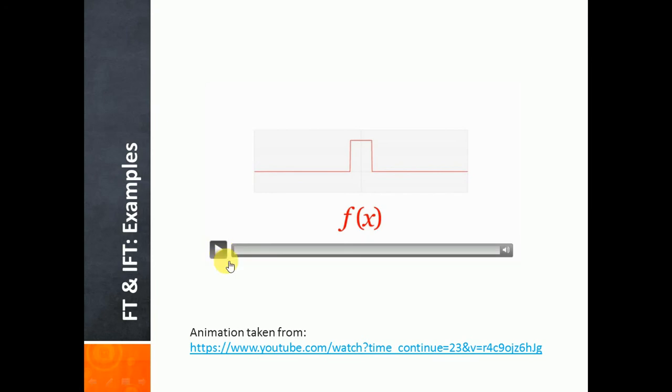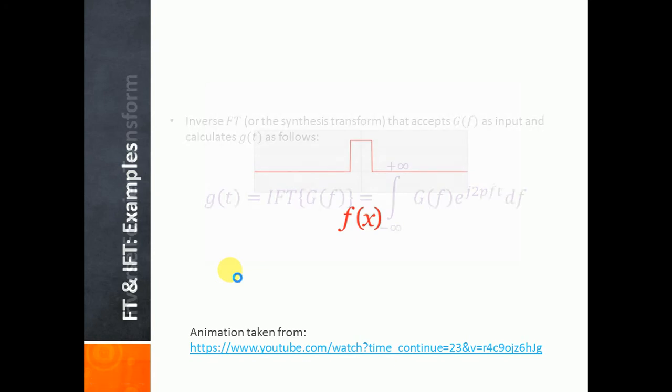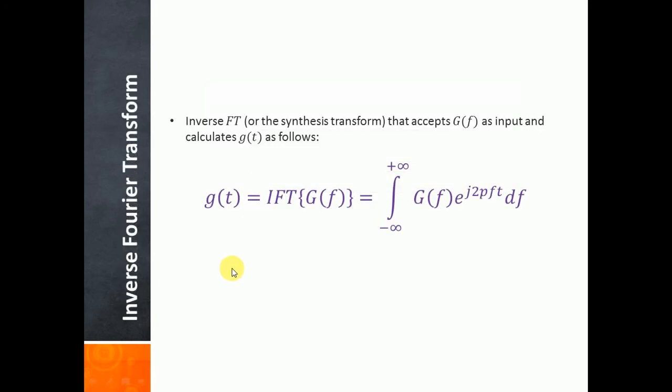Again, what you're trying to obtain is that the signal is in fact a summation of exponential functions. From Euler's formula, we know sine theta is a summation of two exponential signals, and so is cosine theta.